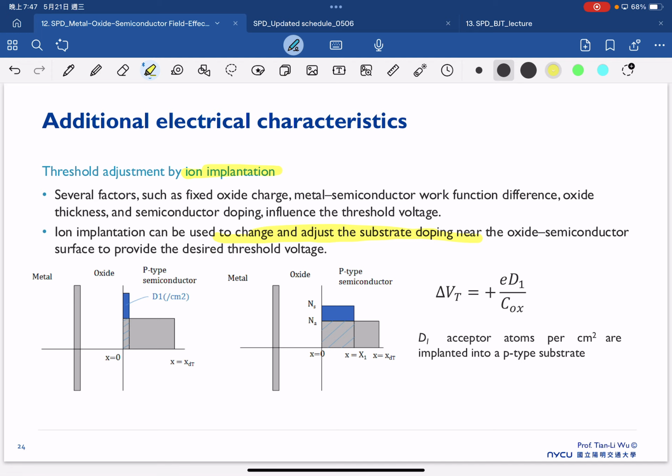The idea is that we use ion implantation to implant acceptor ions into the P-type substrate, so we can tune our threshold voltage to reach our target by using the additional ion implantation process.